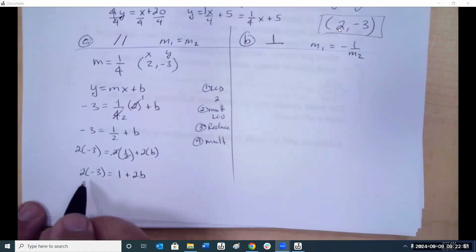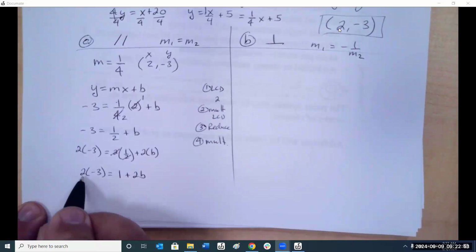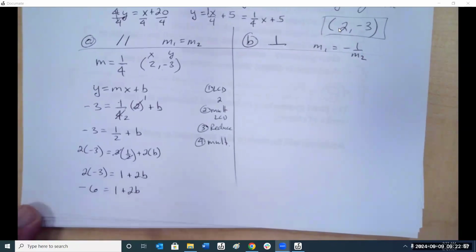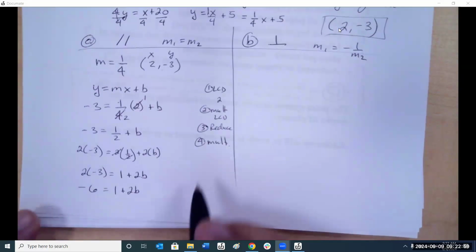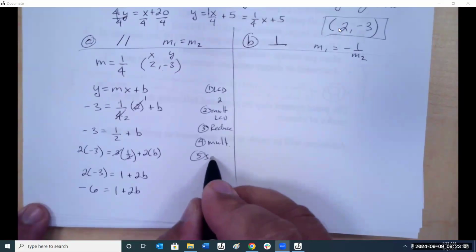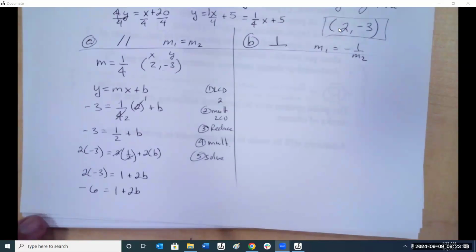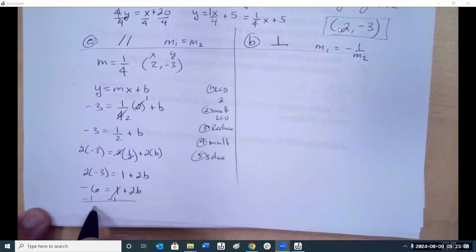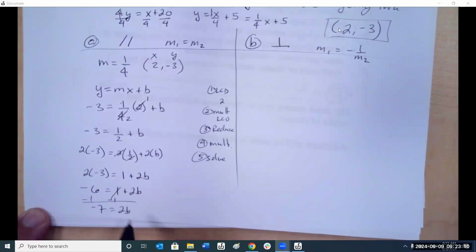Multiply to get rid of the parentheses. Positive, negative is negative. 2 times 3 is 6. Then solve. So -7 equals 2b. Divide both sides by 2.